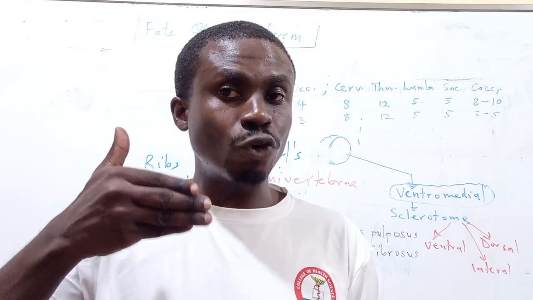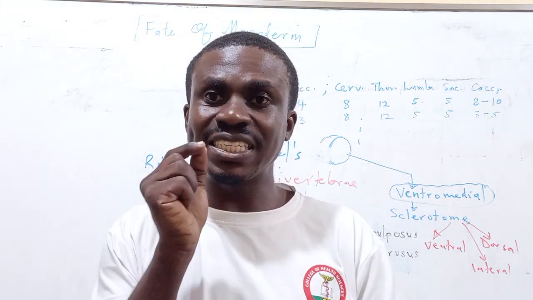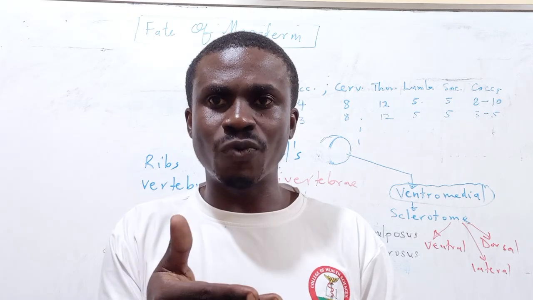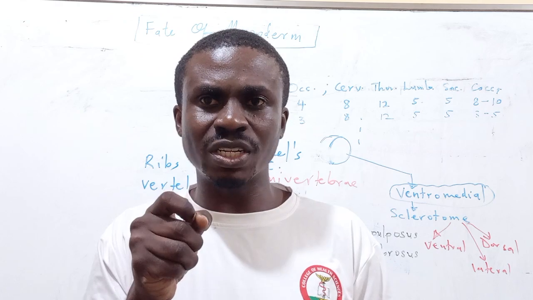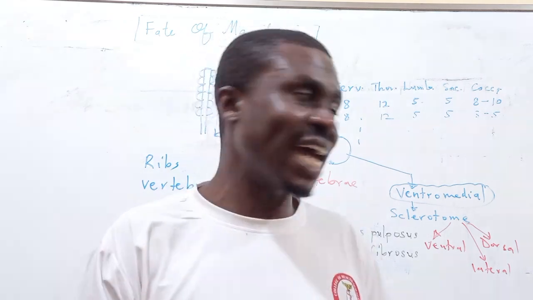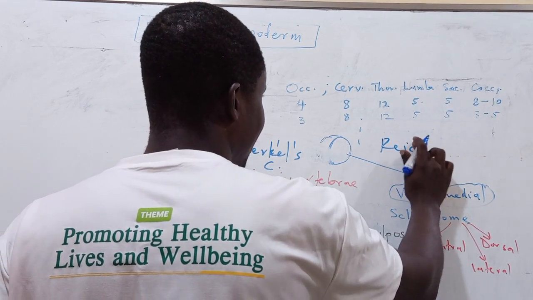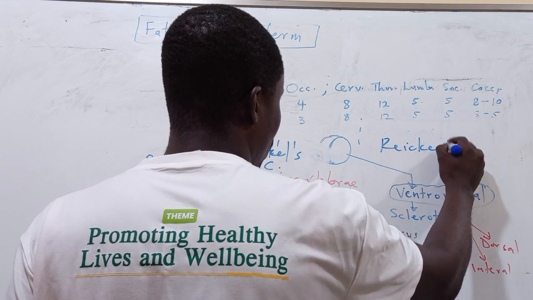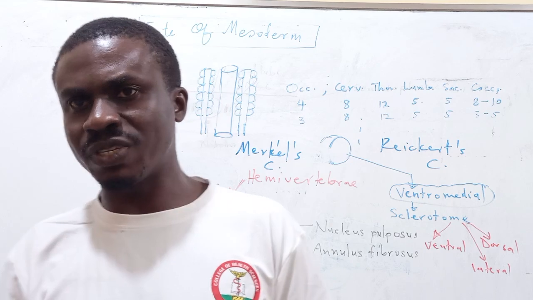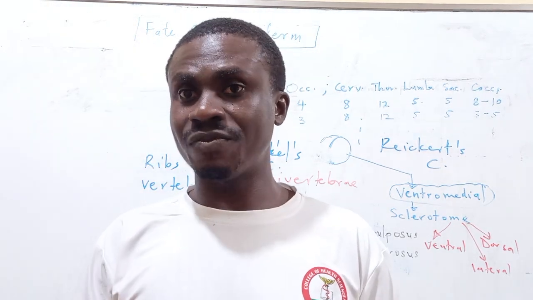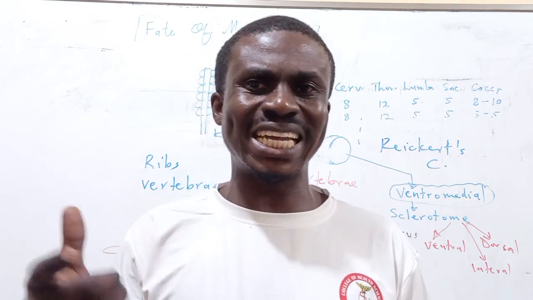Now, if you go to the stapes, everything about the stapes, except its footplate, will be coming from the cartilage of the second pharyngeal arch. It's a cartilage model we call Reichert's cartilage. The footplate will be coming from something we call the otic capsule.